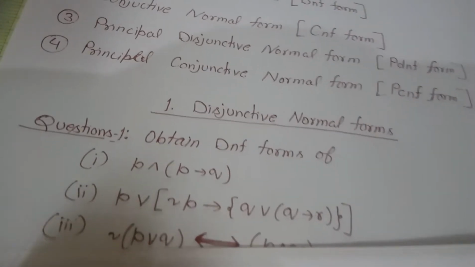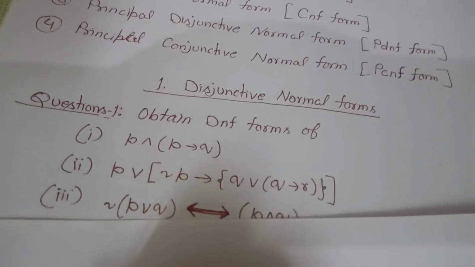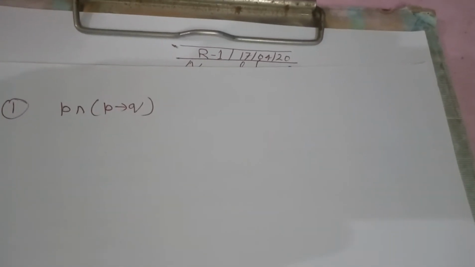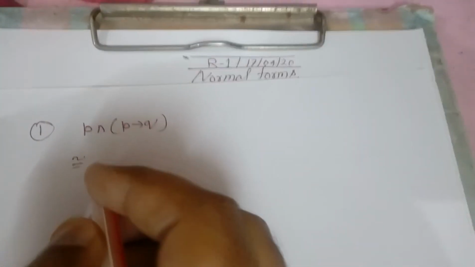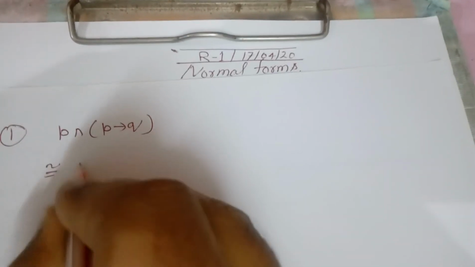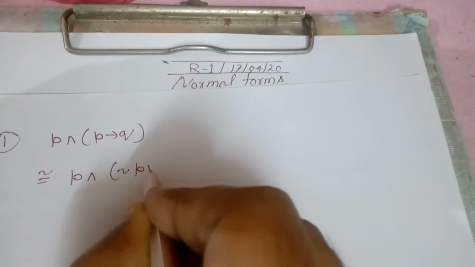Now the first question is P conjunction (P implication Q). As we have discussed, we will apply step first. Here the biconditional connective is absent, so we will start this question from step second. Firstly, we will simplify the conditional connective as P conjunction (negation of P or Q).